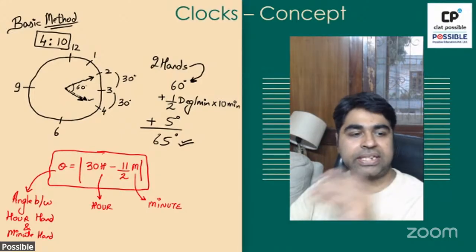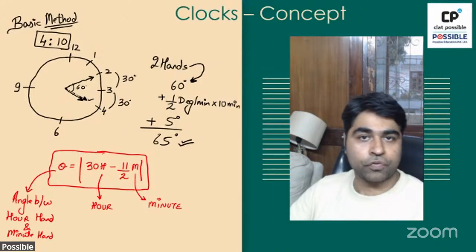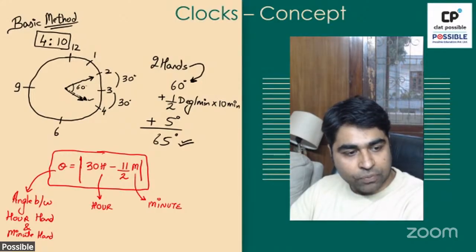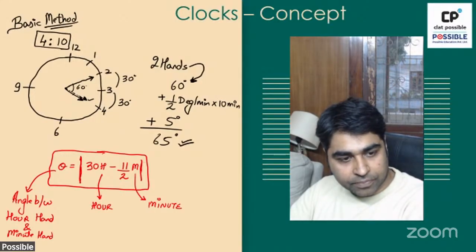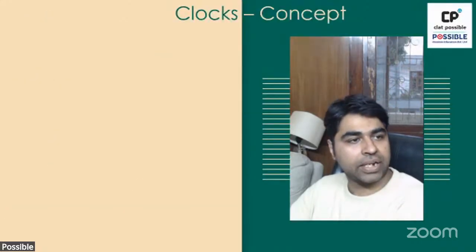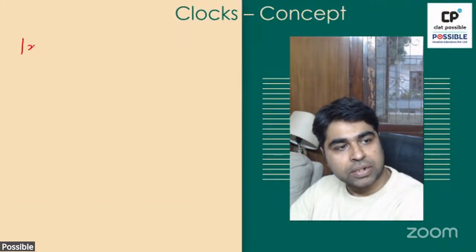Okay, so these are the things that are important for you to understand. The third important thing you need to understand here is what this sign means. This sign means modulus. Let me explain what modulus is.